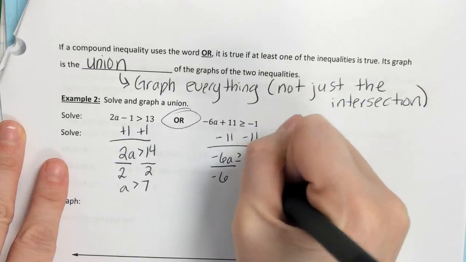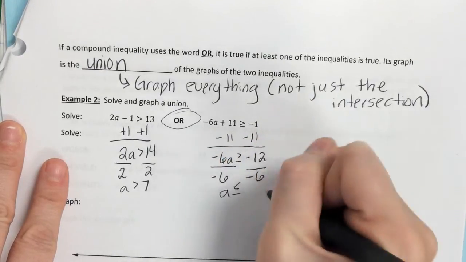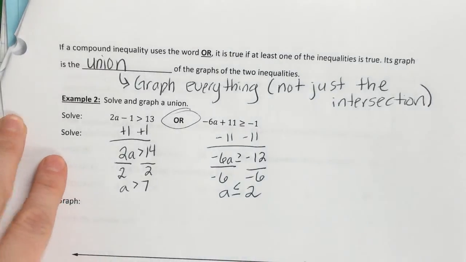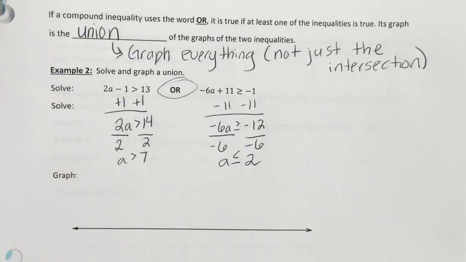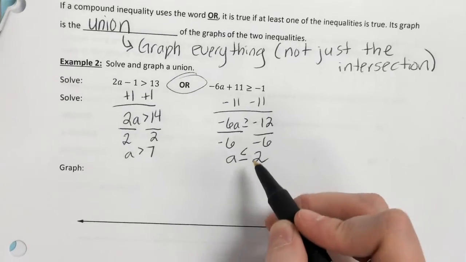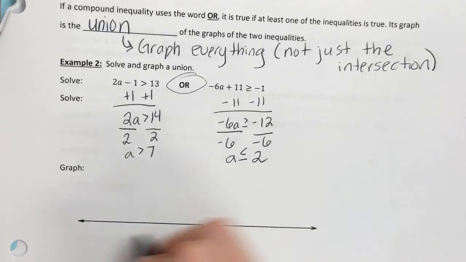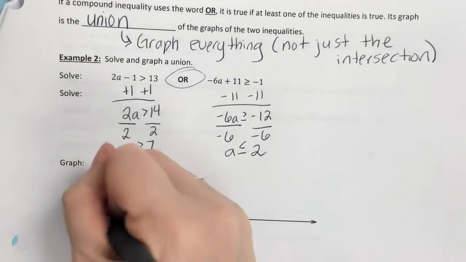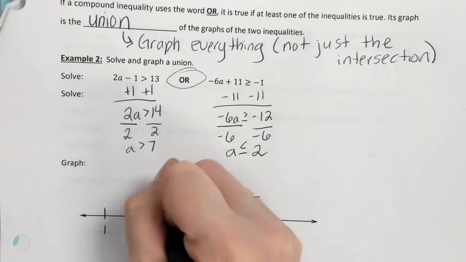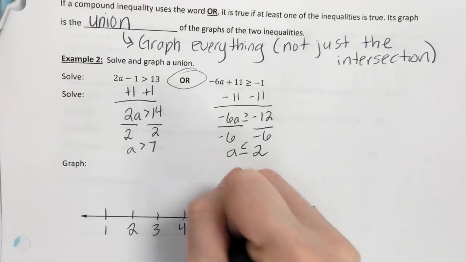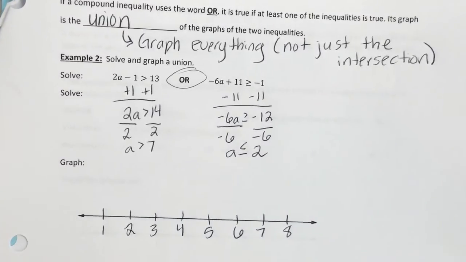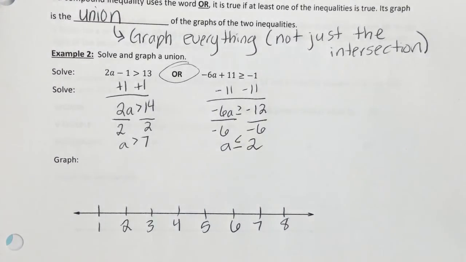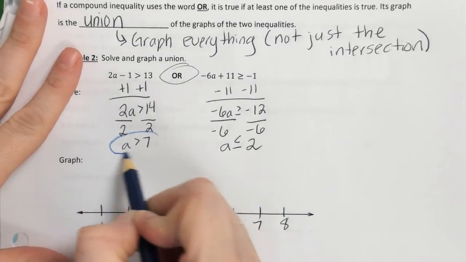Did everybody flip their side? So you should get A is greater than 7 and A is less than or equal to 2. So I need to draw my number line where I can put both of these on there. I'm just going to start at 1. So in my first color, I'm going to graph that A is greater than 7.